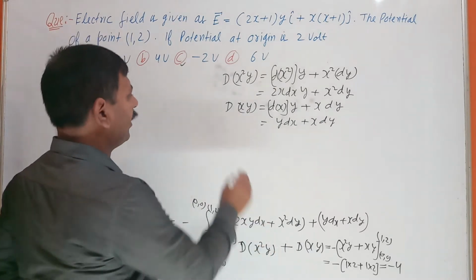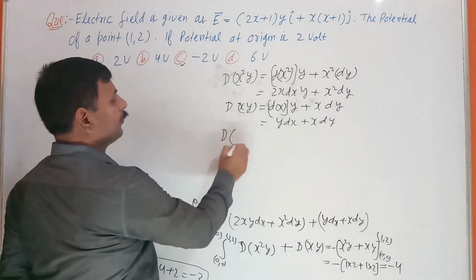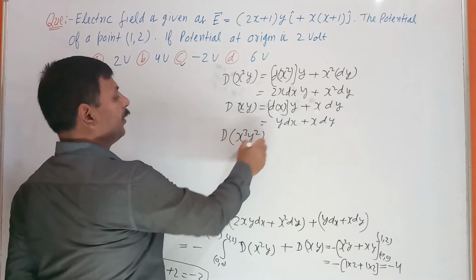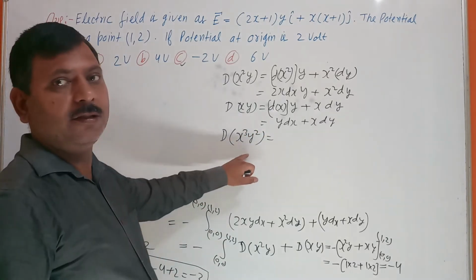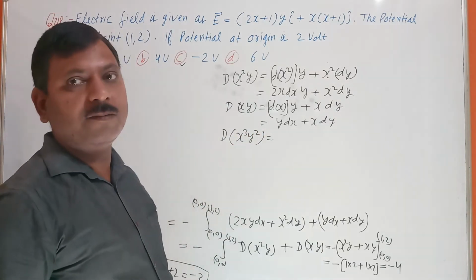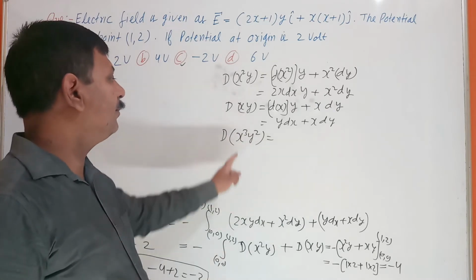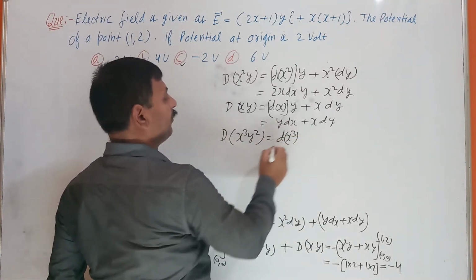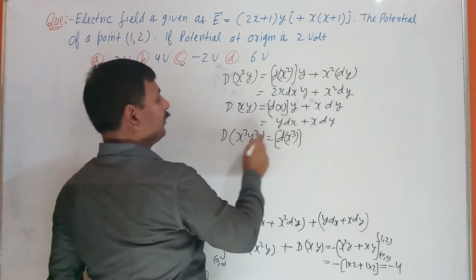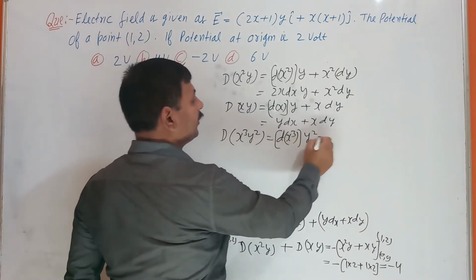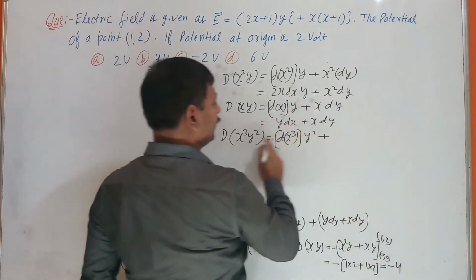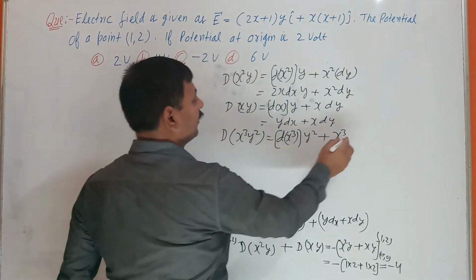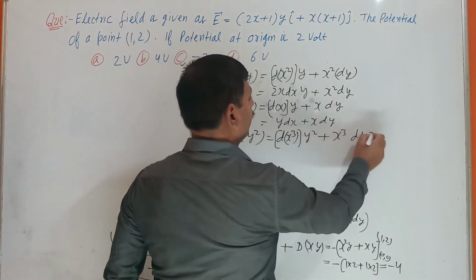One more example if I am giving you, suppose x cube y square they have given. What will be the differentiation of this in multiple form? So d of x cube, second function you have taken separate, and when first function you have taken separate, differentiation of y square.